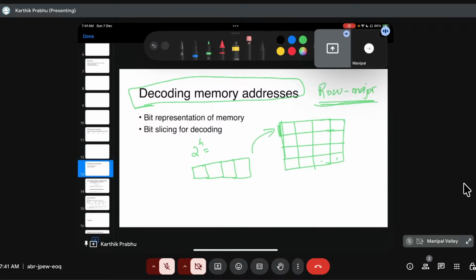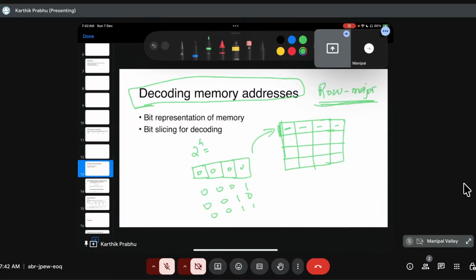If I were filling starting from the first memory address 0000, where would it go? It would go here, right? This is the first possible 0000. Then 0001 is next, so that will go here. 0010 is next, that will go here. 0011 is next, that will go here.